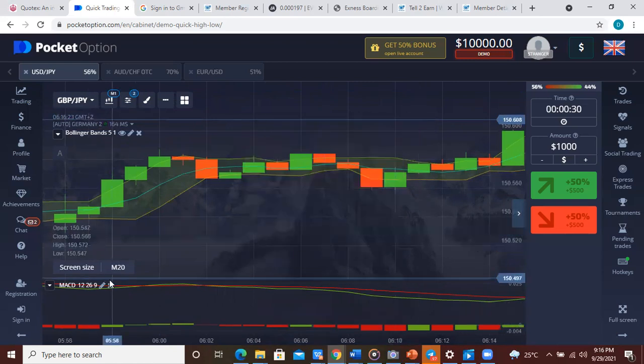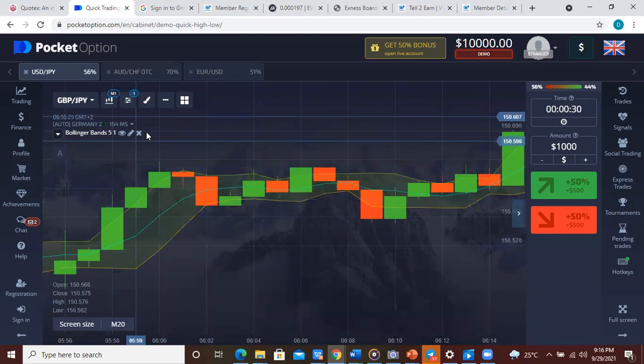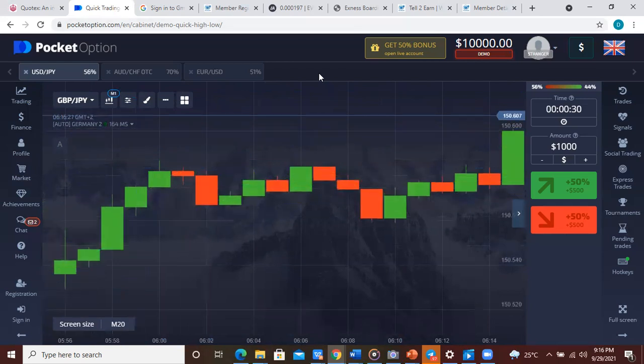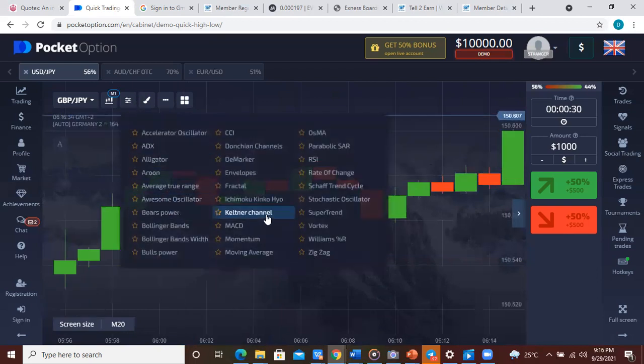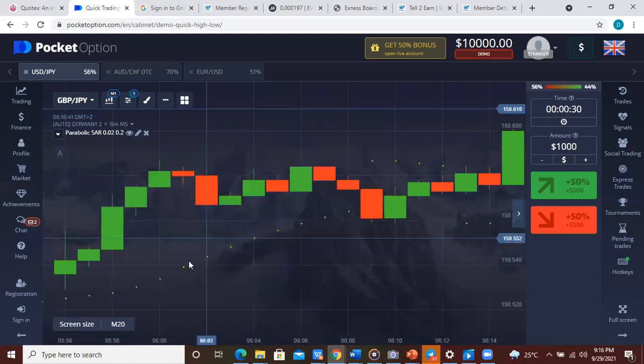All right. Okay. Now our next indicator is the Parabolic SAR. So when you come to your indicators over here, you can choose the Parabolic SAR here. Now, these are the dotted lines that we can see.